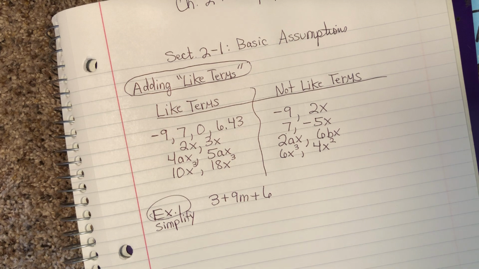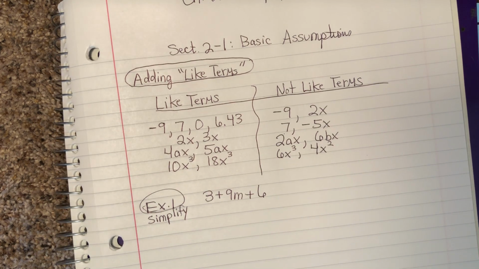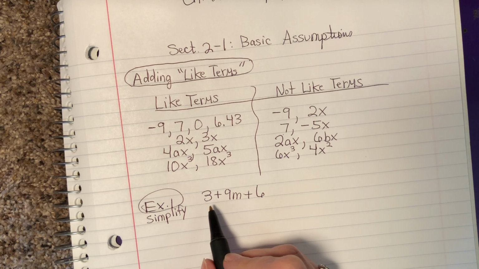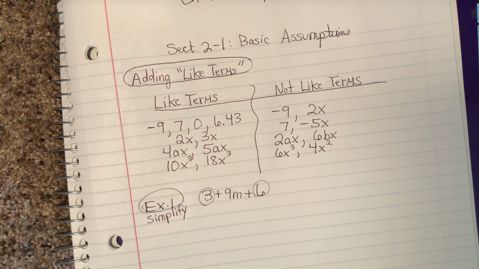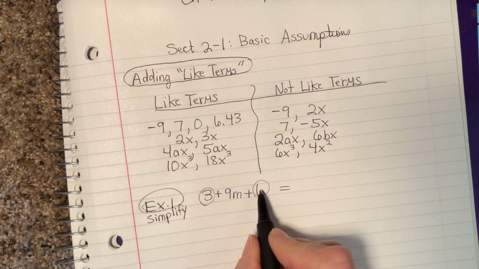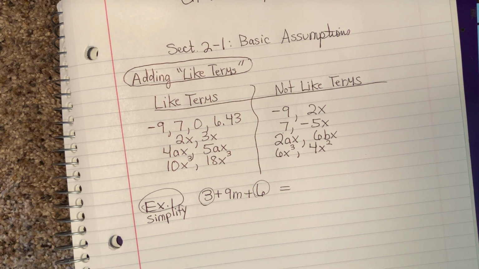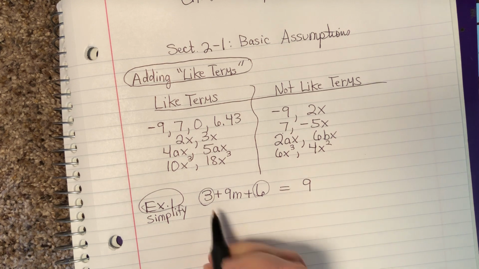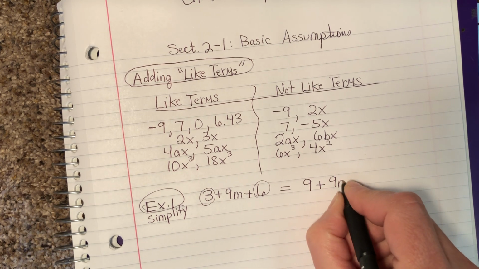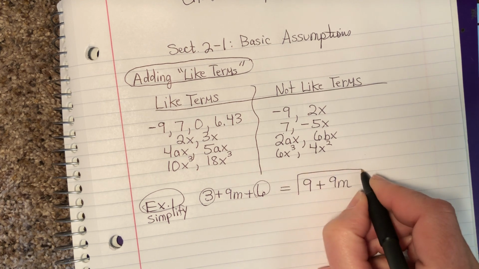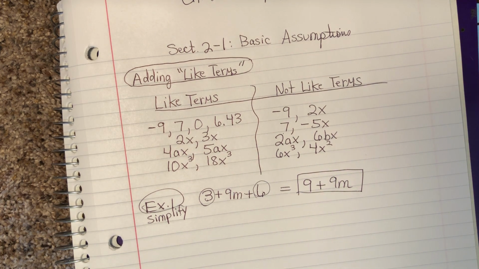So you want to add up everything that can add up and simplify as far as you can. So the number is going to add with the number. But the numbers cannot add to the m term. So I'll get a 9 for the 6 plus 3, plus 9m. And that's the final answer.